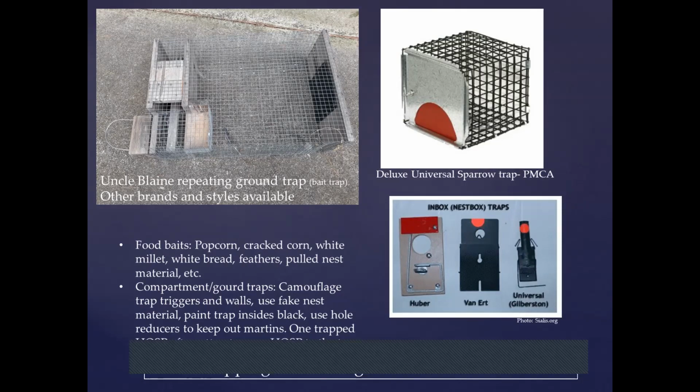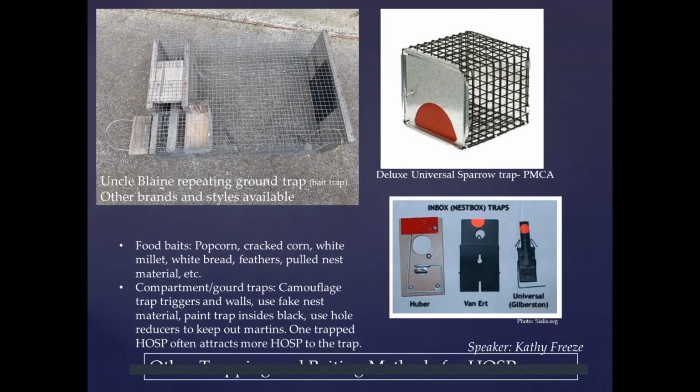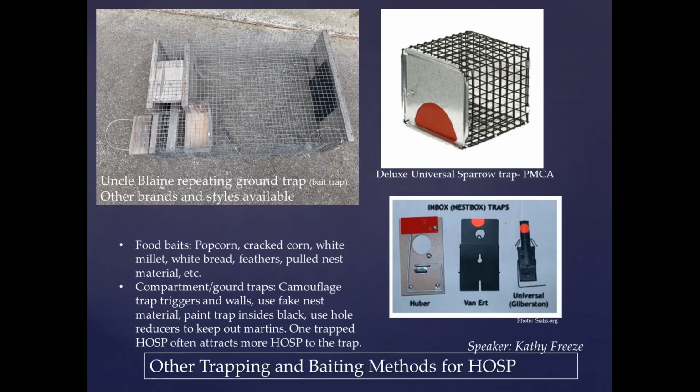You don't have to go out and pull out each bird as it gets in there, but you can bait it with popcorn, cracked corn, white millet, white bread, feathers, pulled nest material, etc. in that little bait container that you see over there just past the lever. The deluxe universal sparrow trap that you see to the upper right there is one that you can use in a nest box.